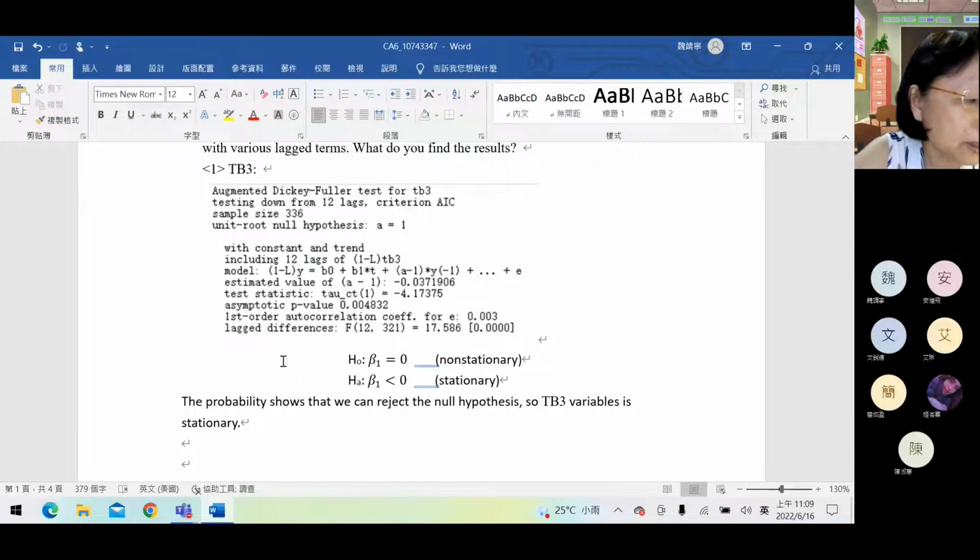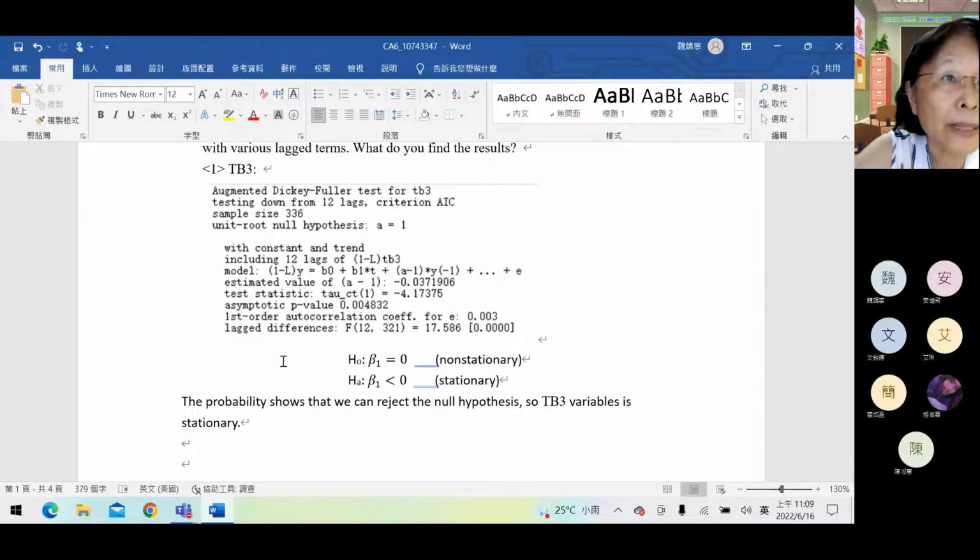So in this situation, for both TB3 and TB6, they are stationary or non-stationary at different lags. Usually if two variables are stationary with different lags, we would like them to be stationary at the same lags.